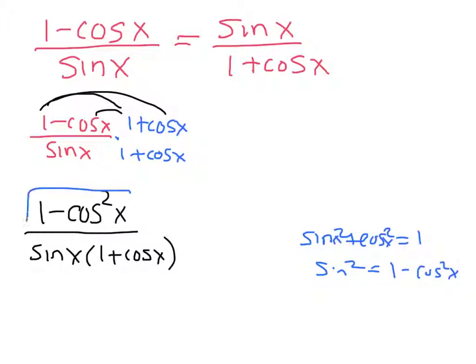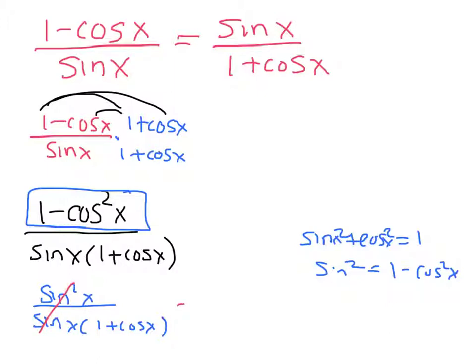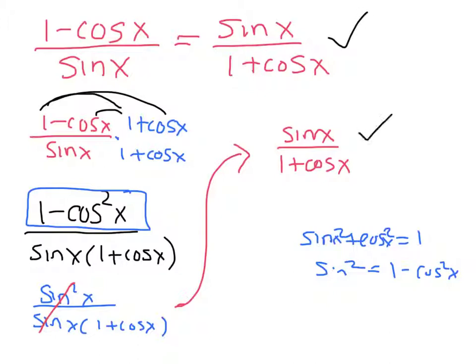So I can take this 1 minus cosine squared and replace it with sine squared x over sine x times 1 plus cosine x. And now one of my sine x's cancels, and I end up with sine x over 1 plus cosine x. So now these two pieces are the same, and so I just proved it was an identity. Check, check, they're the same.